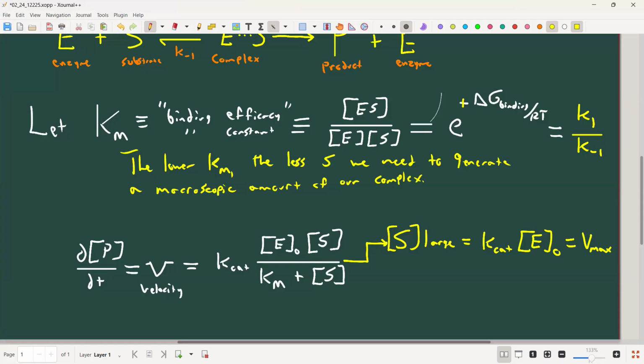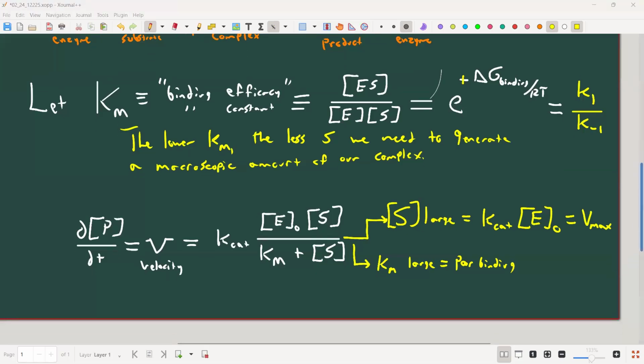All right, but there's another limit, which is where Km is large. That's poor binding. If we have a system where Km is large, then we can neglect the S in the denominator. We have E naught Kcat S over Km. When we bring Km here, we're going to have an S, and there are going to be some cancellations. So let's see what that looks like.